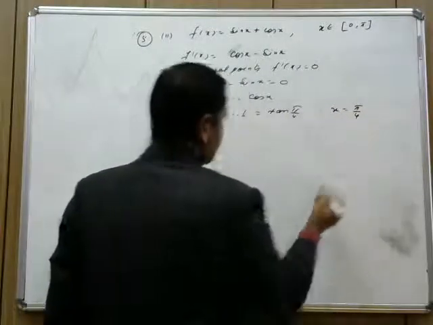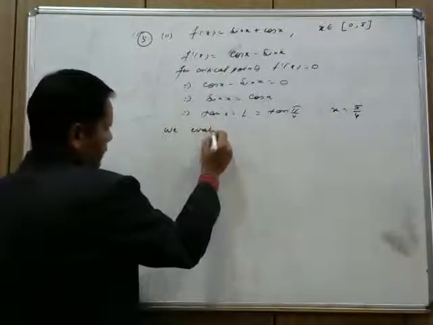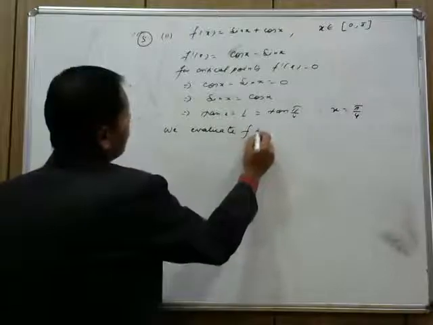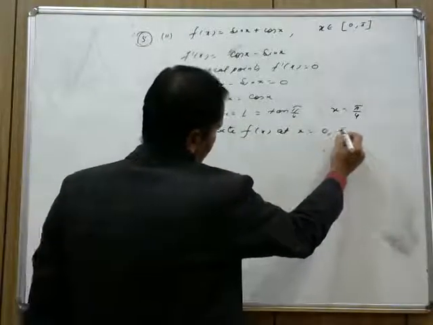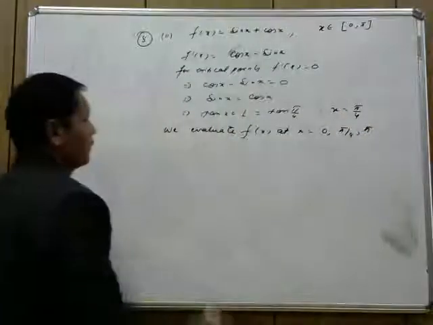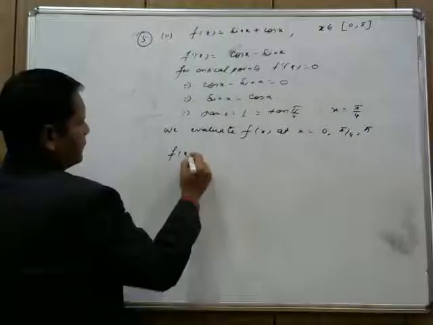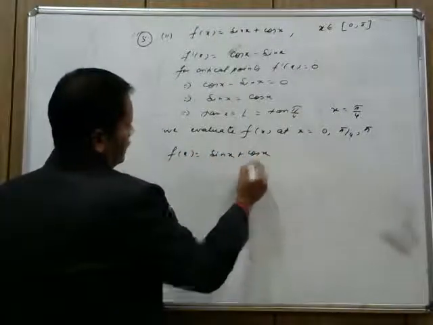That means now we evaluate f of x at x is equal to 0, pi by 4 and pi. At 3 values we will check. Now f of x is equal to sin x plus cos x.